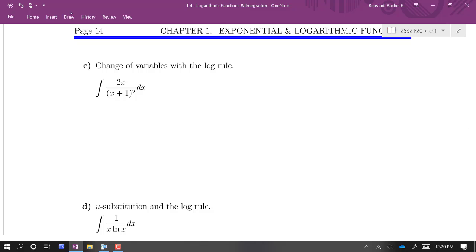If u is equal to x plus 1, then there's two things that we get. One, certainly du is just 1 dx. So du is dx. But also we'll note that we could take this equation and rearrange it to get an expression for x in terms of u. So x is u minus 1.